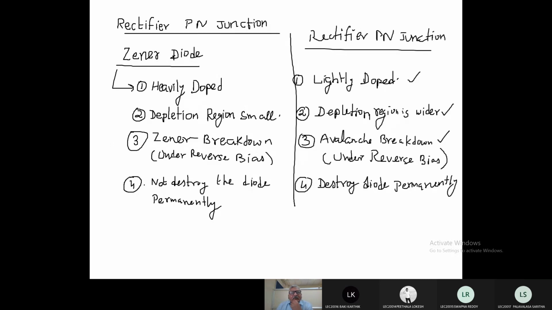So here you can see point number 4: does not destroy the diode permanently, and destroys the diode permanently. Okay, another thing you can write here.